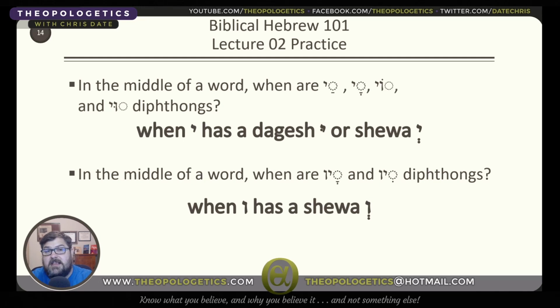The reason it's not the exact same answer as the previous question is because when the vav has a dagesh in it, it's the shurek, the vowel u, so it won't close a syllable. But when a vav has a shva under it, it's closing a syllable, or it can be closing a syllable, in which case these are diphthongs, not a number of different sounds together.